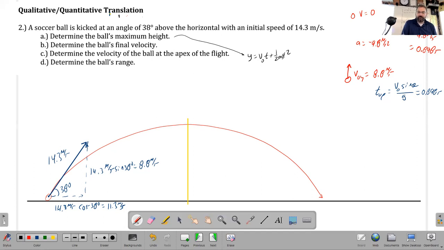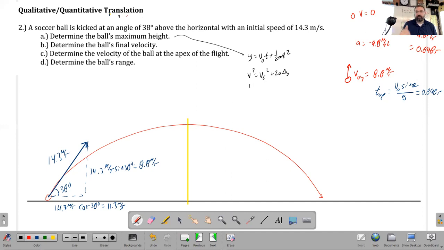You could use that equation, but you could also, without the time, calculate the maximum height with the equation v squared is equal to v naught squared plus 2a delta y, where delta y is the change in height, a is negative 9.8 meters per second squared, the velocity at the top is 0, and the initial velocity is the vertical velocity, 8.8 meters per second.